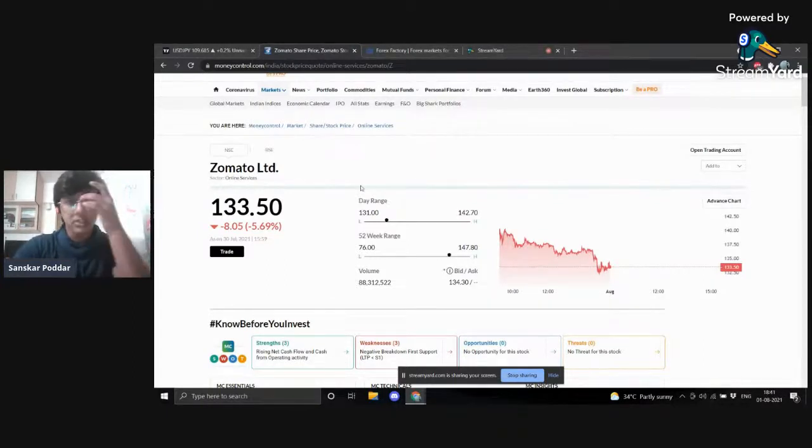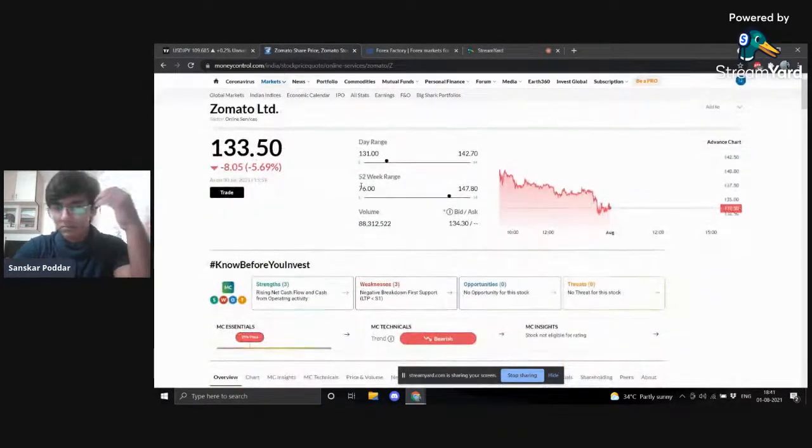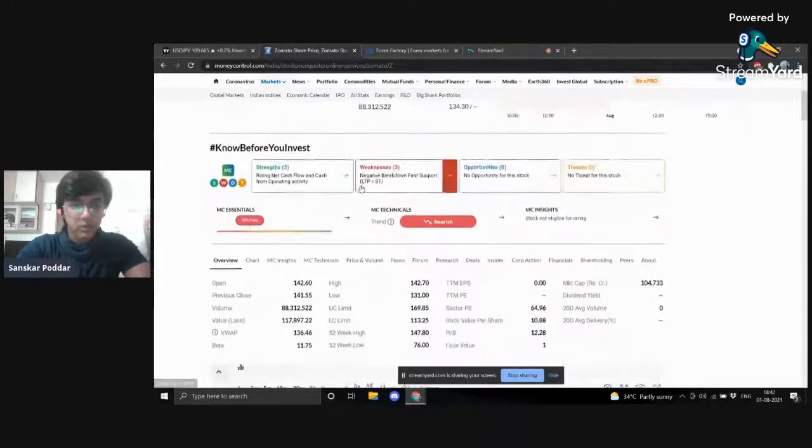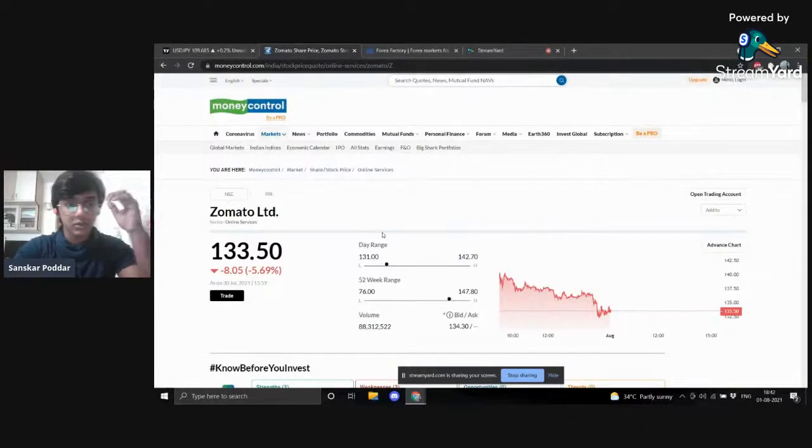When you want to talk about fundamental analysis, this particular website is Money Control, and I'm just taking Zomato's stock as an example.